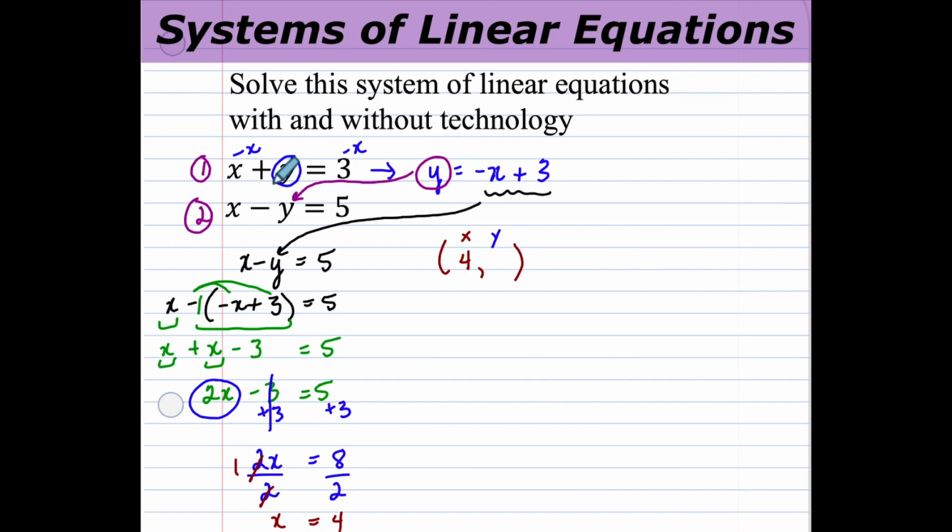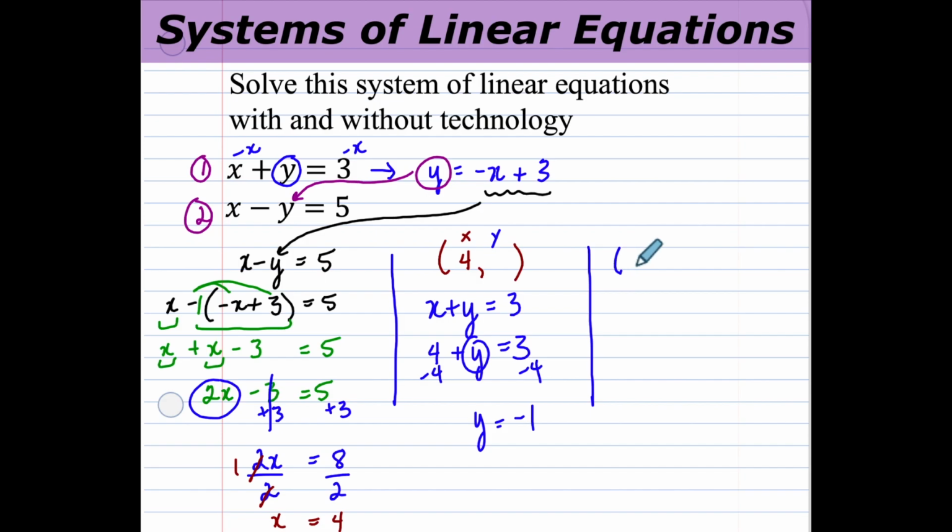Let's grab the first equation, x + y = 3. Plug in the x and solve for y. Subtract 4, both sides. y = -1. We have the solution (4, -1).